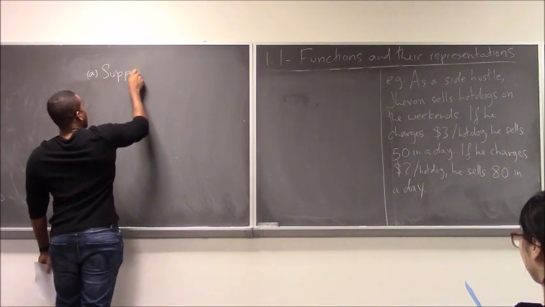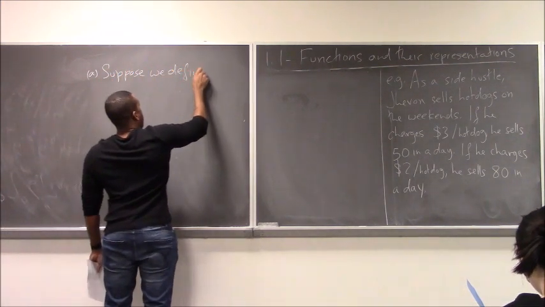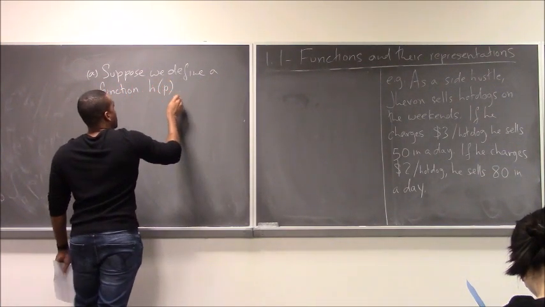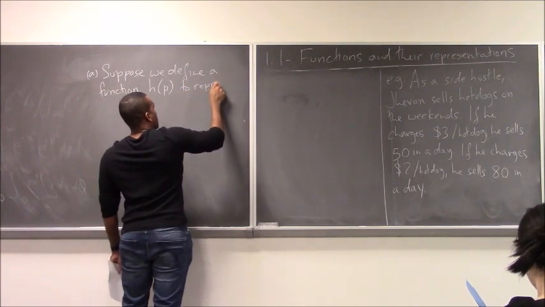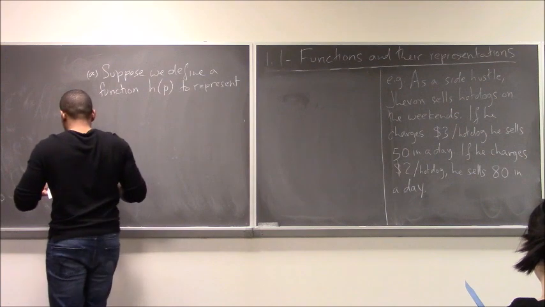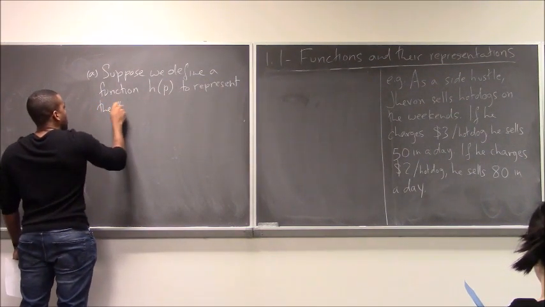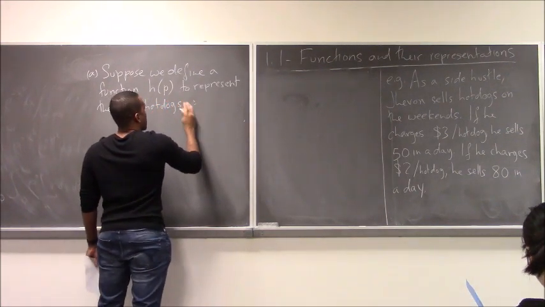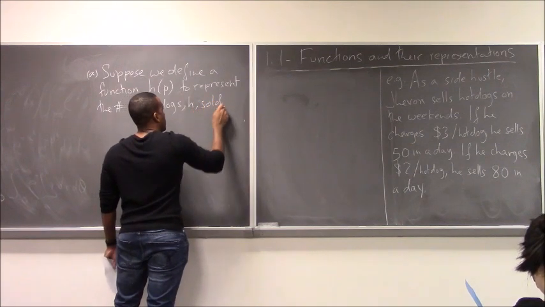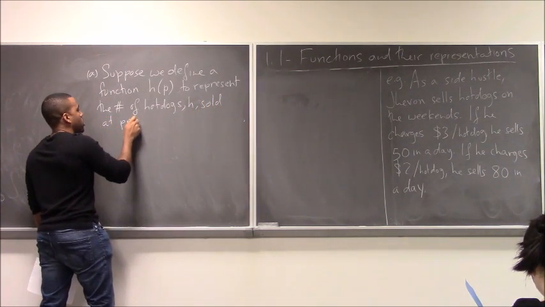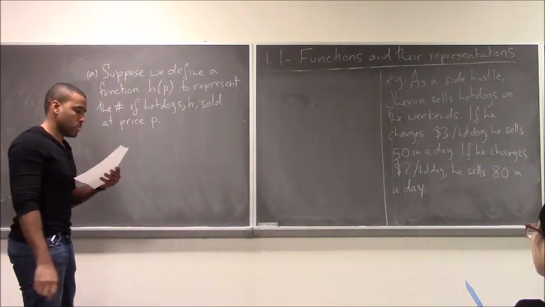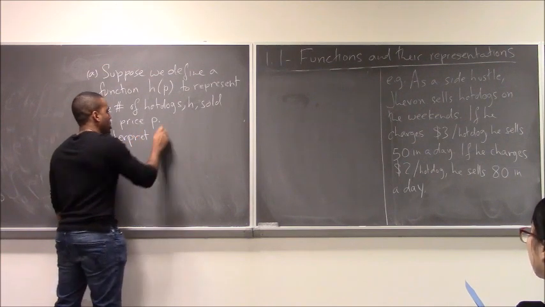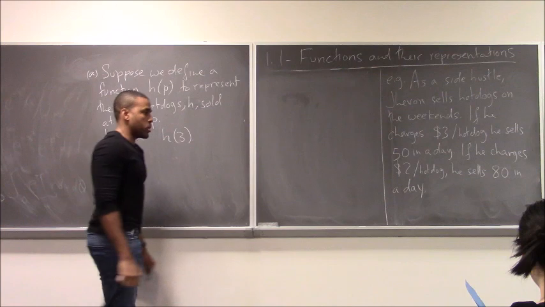A. Suppose we define a function h of p to represent the number of hot dogs sold at price p. First of all, interpret that expression.